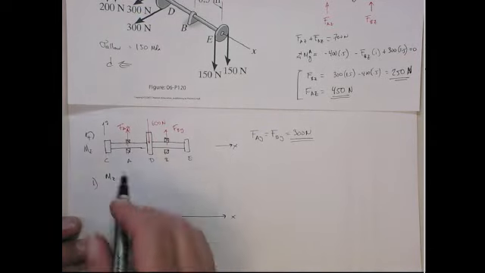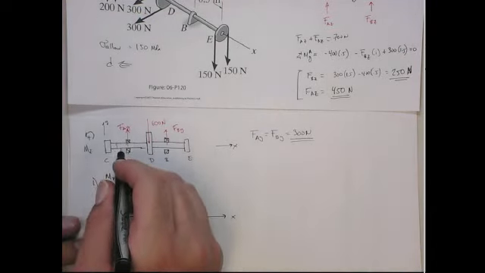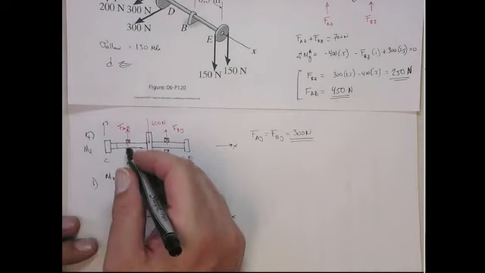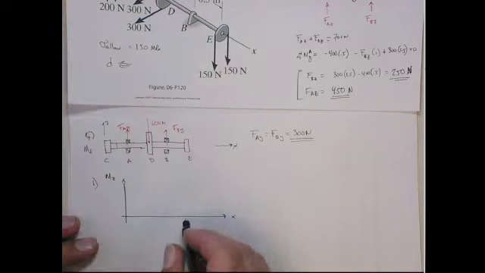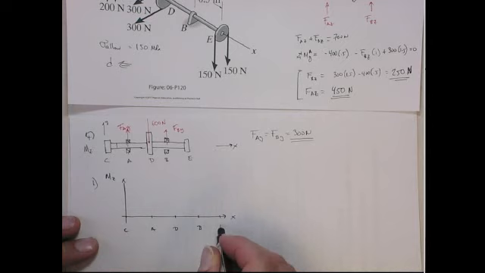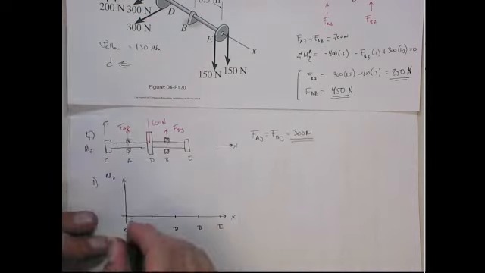Now, as we take sections from point C to point A, there's no forces. There's no moments, right? It's only at this point where we get to A. Let's label points on here. So this is C, A, D, B, and E. So we have 0 moment from C to A.